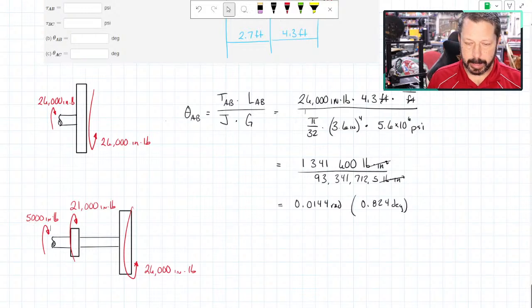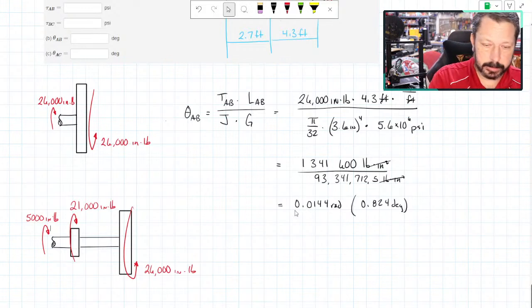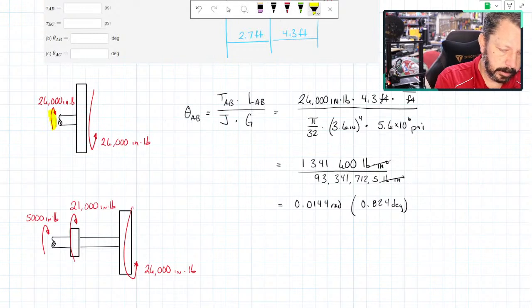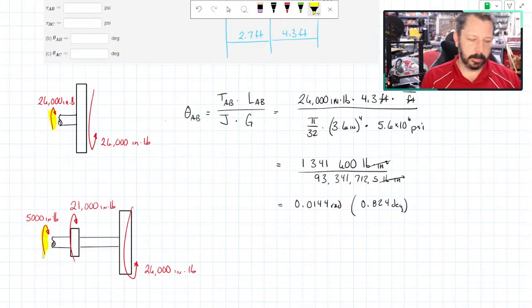So I made this first one a positive angle of twist, so section BC will also be positive because the internal torques, this one and this one, are the same orientation. So they're going to add together.